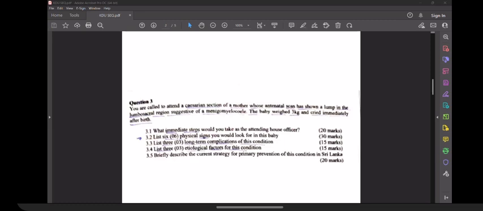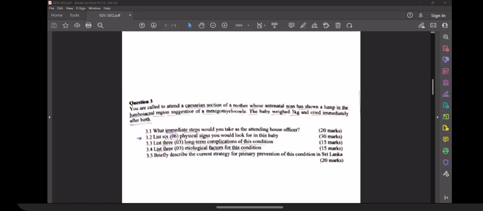So you have more than 6 there, and any one of those would have carried. You need 6. Each one would be carrying 5 marks.